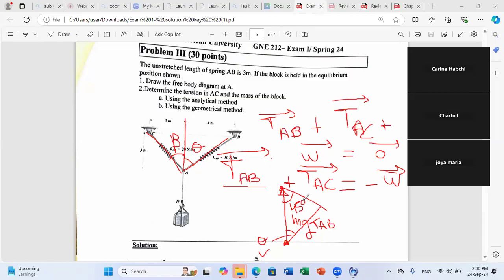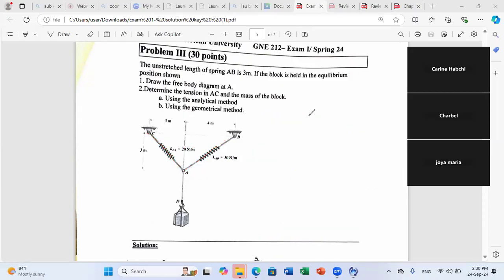Okay. So now I will draw again the triangle to be clearer. I have a vertical, and for this vertical, I have mg as magnitude. I have vector TAB from this side. And I have vector TAC from this side. And this is 45.